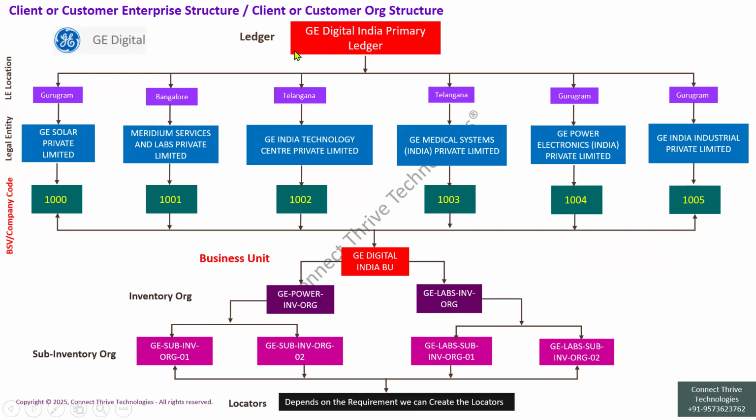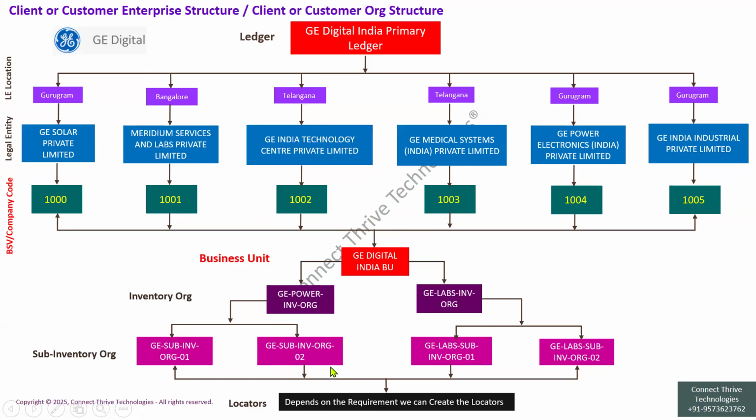So it's a completely different case compared to other customers. Even though they have multiple natures of business, they would like to maintain all under one BU only. Yes, it is possible. Under that BU, you can maintain a single inventory org or multiple, and multiple subinventories are also possible.